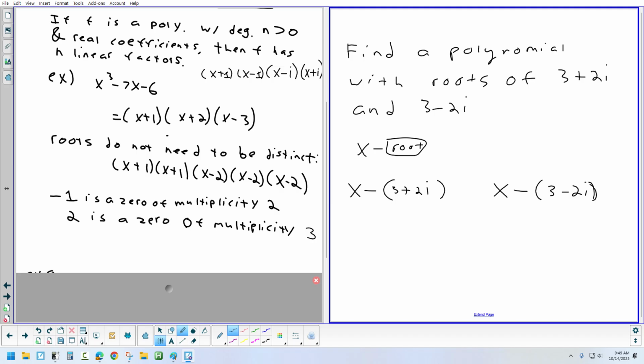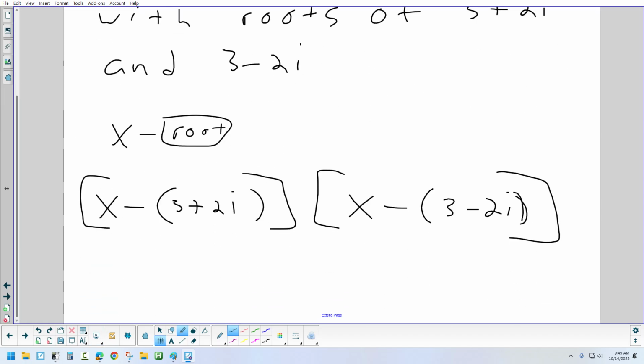And now to figure out what the polynomial would be, I need to multiply those two together. What do you think the first thing I should do inside the brackets on each one of those is? Jackson, what do you think we should do? So I was writing the notes to the left.